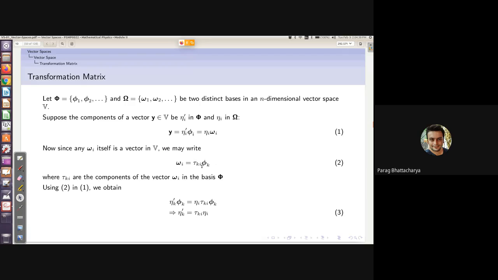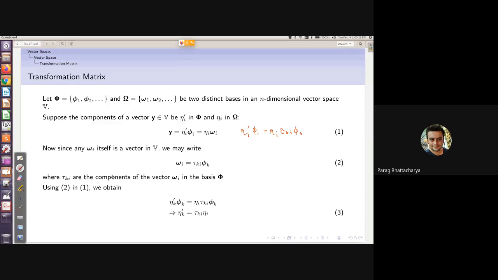So therefore, you can use equation number 2 and equation number 1. All you need to do is replace this omega I with this one. Now, I is a dummy index, so I might as well replace I with anything else. In equation number 1, we had eta I prime phi I, which is equal to eta I and omega I, and omega I is nothing but tau ki phi k.